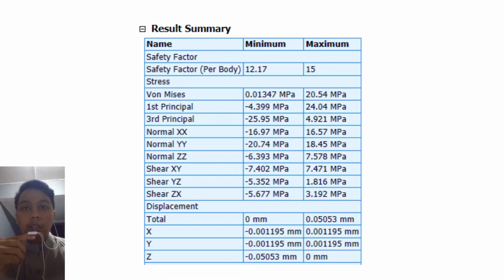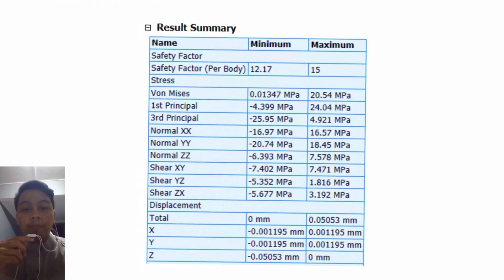The total displacement, where our critical part is bent, is 0.05053 millimeter, which is a very small amount of bend. So that means our critical part can still support the maximum weight of the flour.